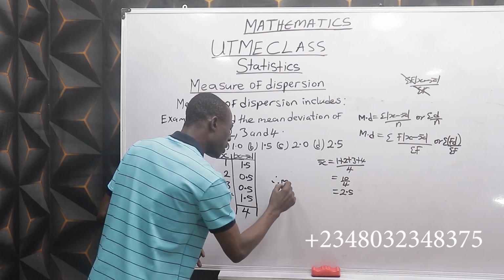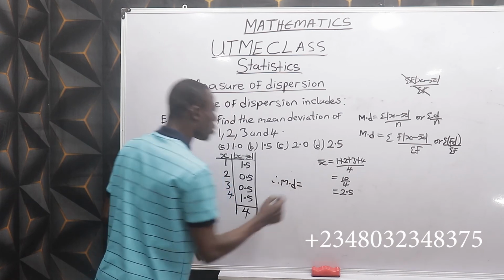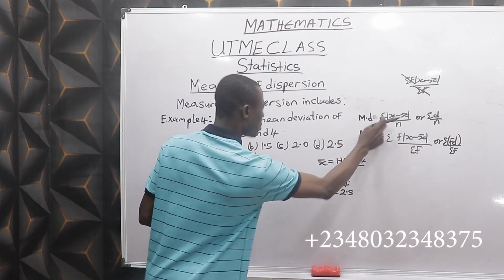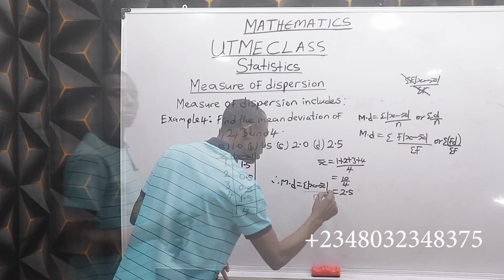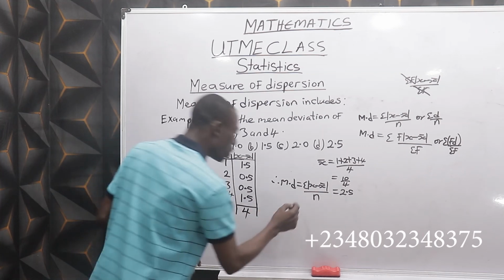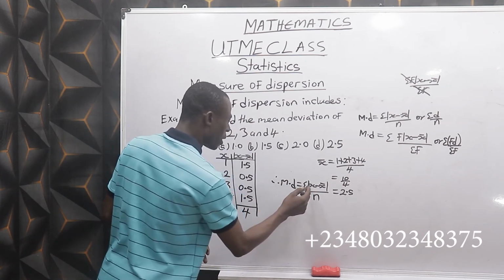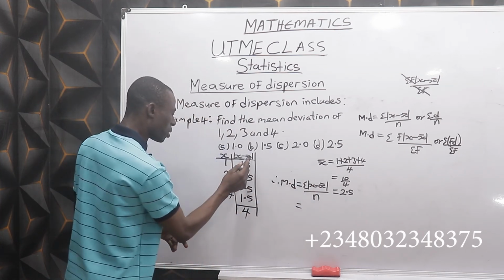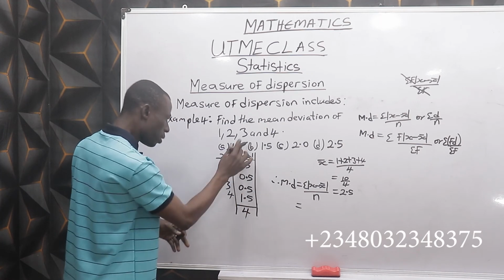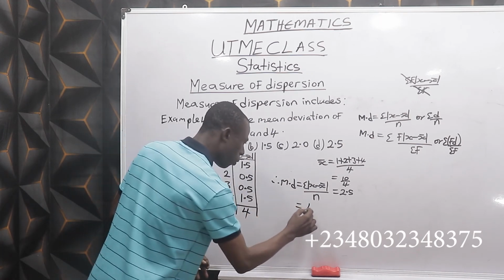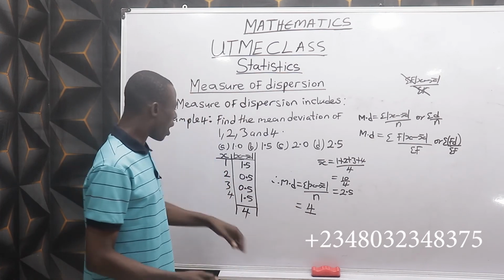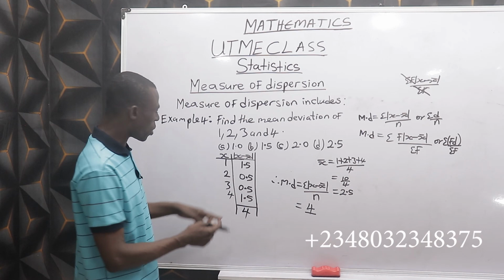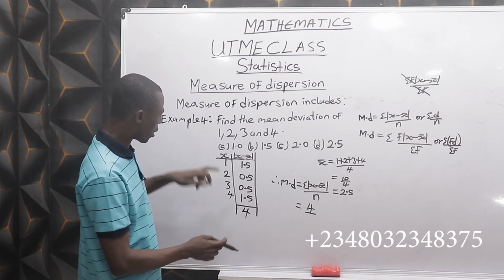Therefore, mean deviation equals, what's our formula? Summation of absolute x minus x bar divided by n. What is summation of absolute x minus x bar? The summation is 4. We put 4. n is the number of items we have here: 1, 2, 3, 4.